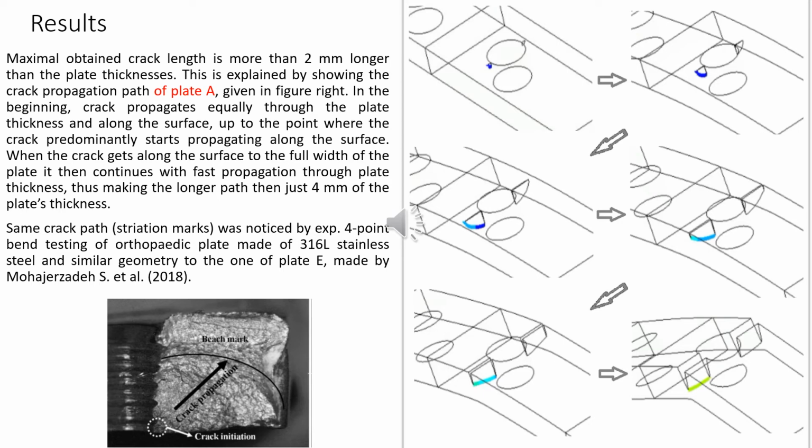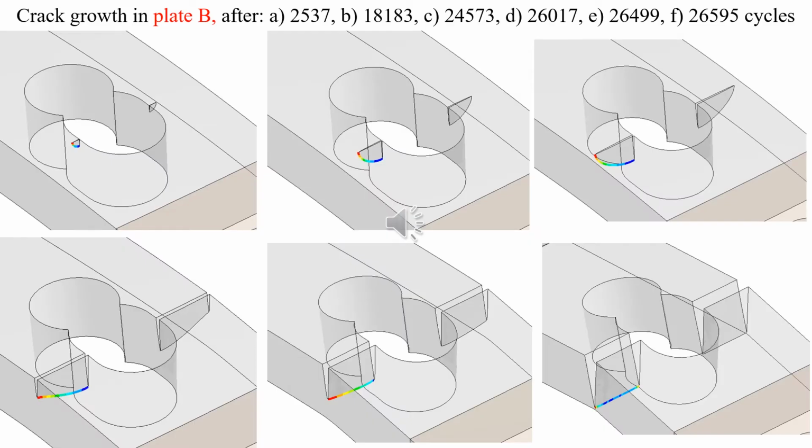And also we can see that at the beginning, the crack grows both at the surface and through the thickness, but then it starts to grow dominantly along the surface, and then once it went all the way to the surface, it goes more into depth until the final failure.